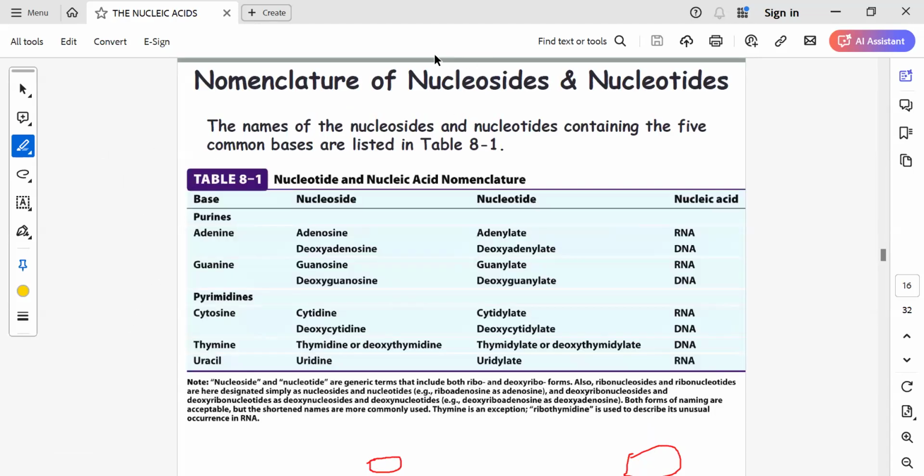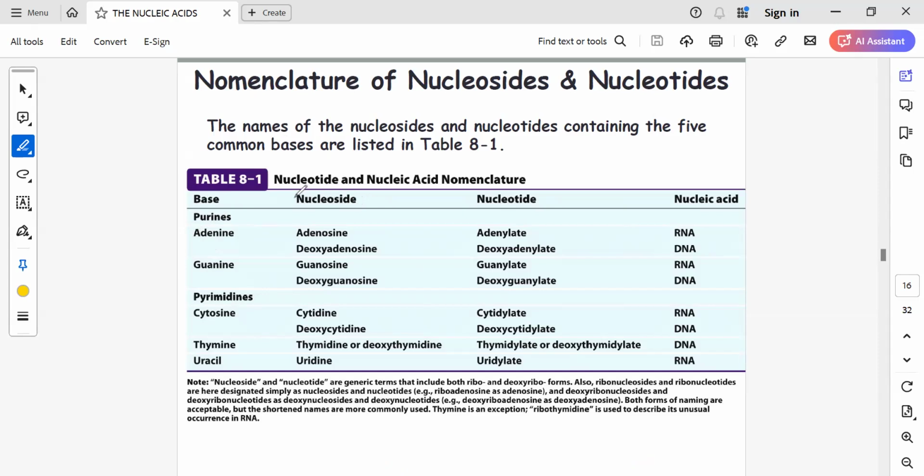So now, the next thing that we are going to look at is the nomenclature of nucleotides and nucleosides. The names of the nucleotides and nucleosides contain the 5 common bases that are listed here. So remember, for the bases, we have purines, and these purines are adenine and guanine.